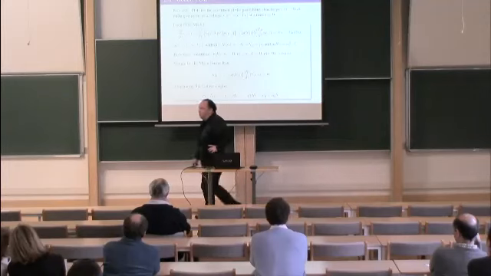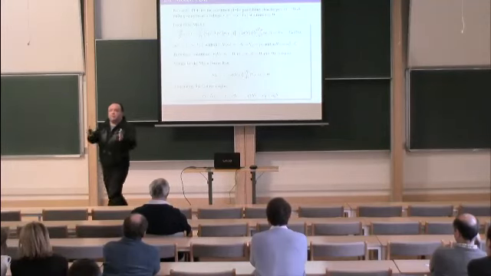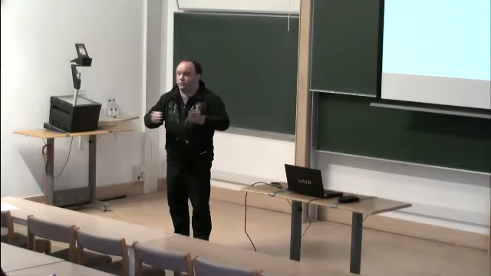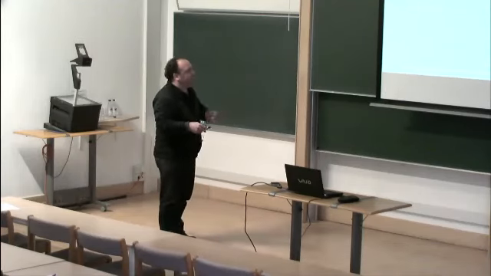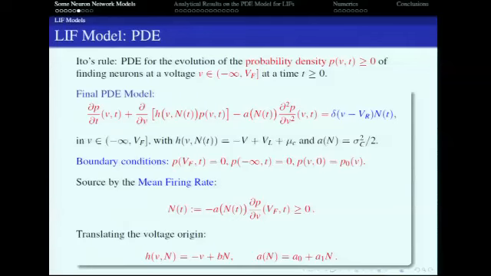Just to simplify my life and not change from the real model that you find in the literature to a model which is somehow simpler to treat, I just get rid of constants here and I translate the voltage variable in such a way that I make the drift appear in that form.